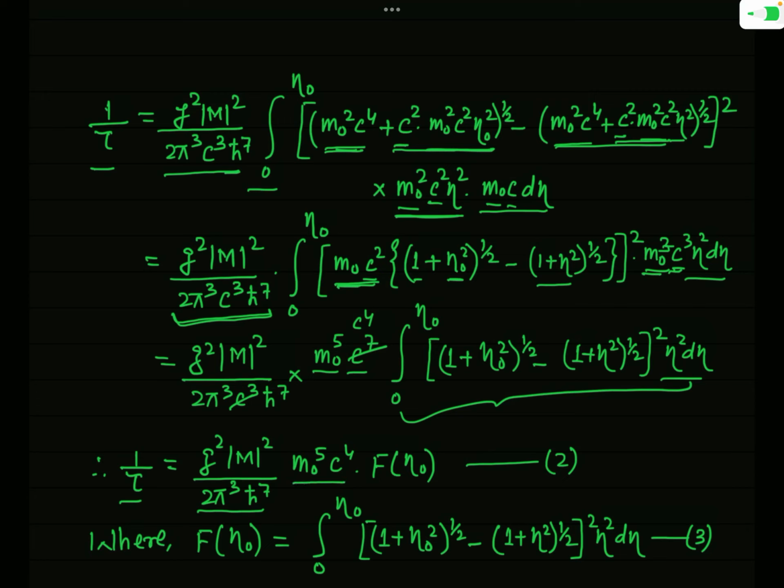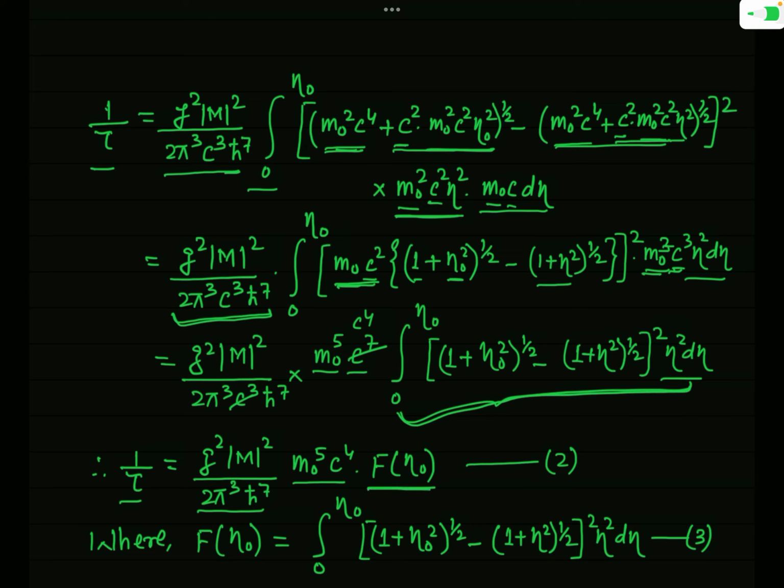And for this integral, which I have just underlined, you can see I have written here f of eta naught. Why eta naught? Because when you evaluate this integral, since the upper limit is eta naught, the value of this integral will definitely be in terms of eta naught. So this has been written as a function of eta naught.